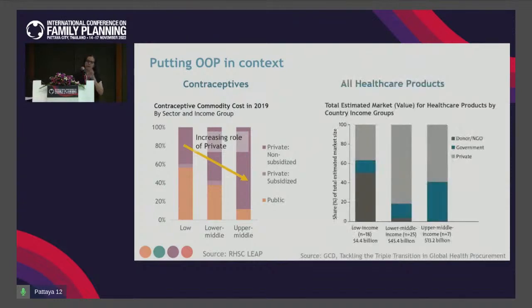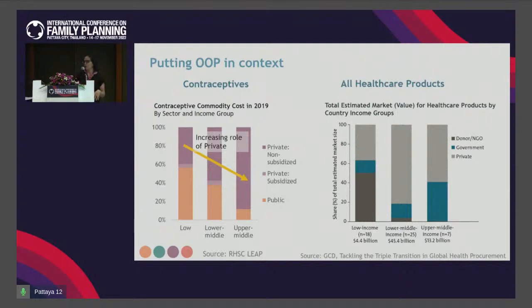And also, if we contrast ourselves, I think we often get siloed in our family planning thinking, but if we look at a broader picture, this is drawing on some work by colleagues at the Center for Global Development that looked at health expenditures across all healthcare products, right? So family planning is a pretty little sliver when you zoom out and take into account all the different things that are bought in health markets.